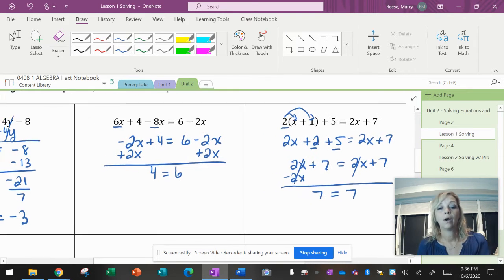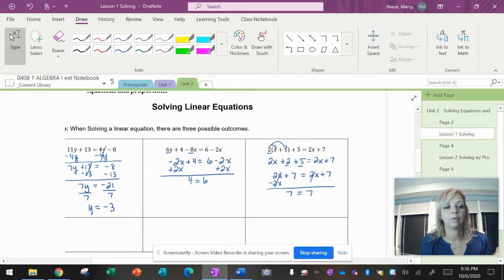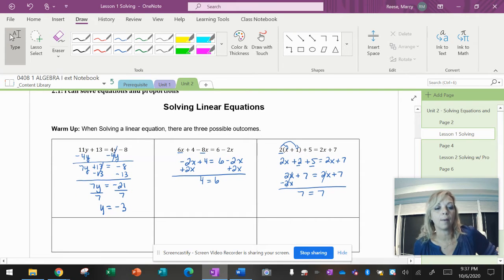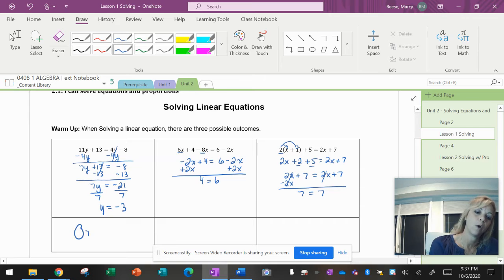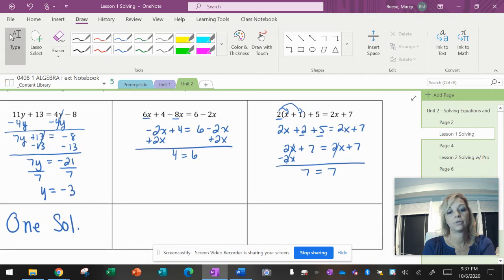All right, let's talk about what this originally said. It says in the warm-up, when solving a linear equation, there are 3 possible outcomes. The first outcome is what we call one solution, because y equals negative 3. So there's one real solution. The second and the third are different.